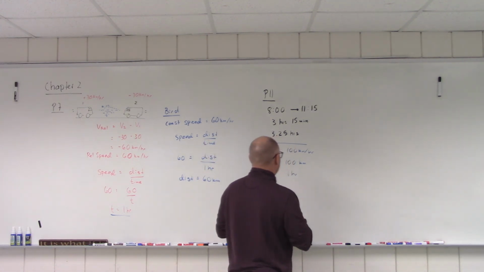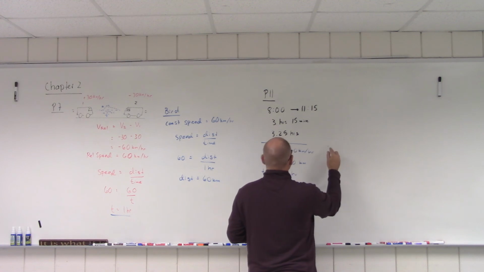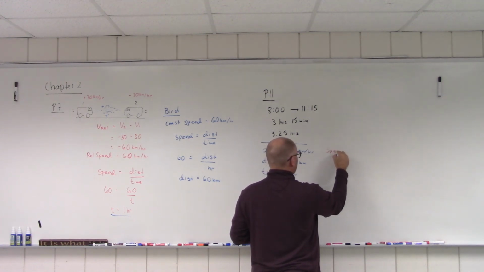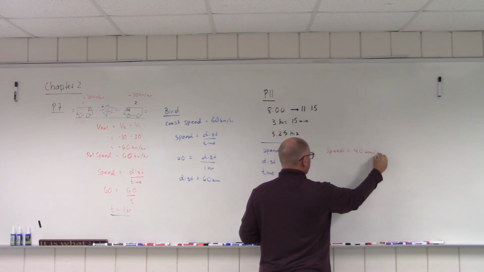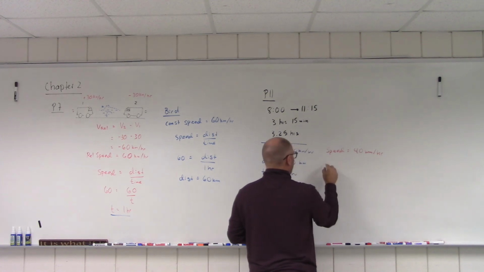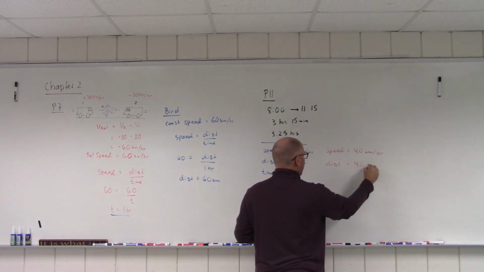What about part two? In part two, you have to slow down, so your speed is 40 kilometers per hour. The distance is 40 kilometers.